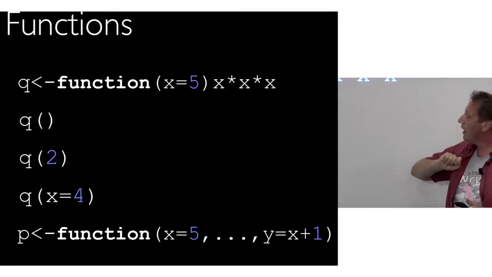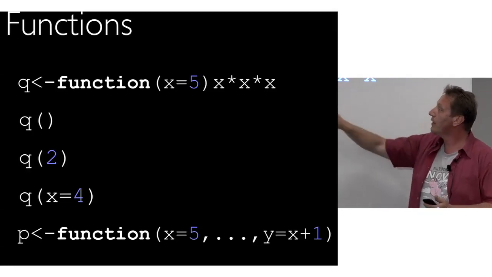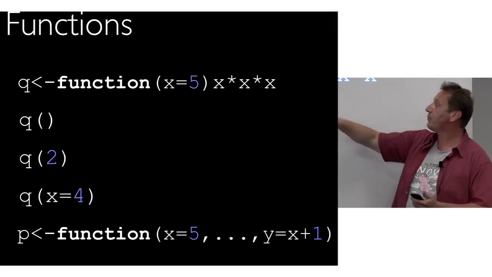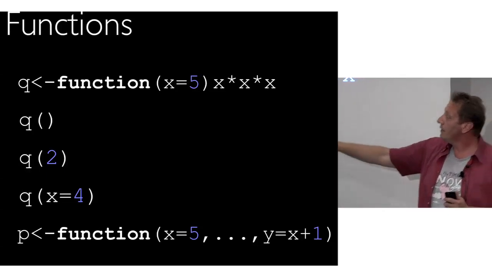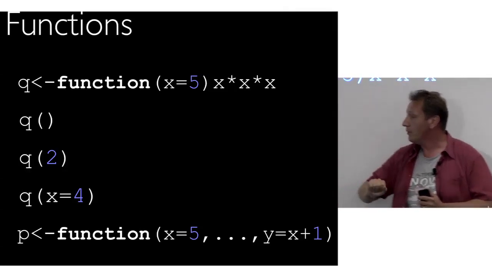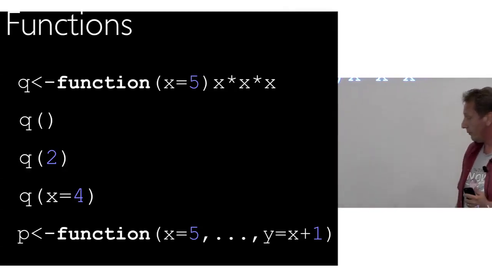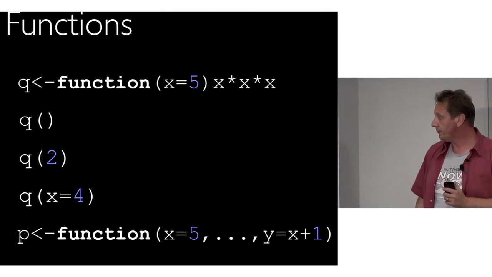Note that I can define default argument values for arguments. So here it's any R expression, any R computation can be put in here. And that means I can call Q without a value, with a single value, or with a named value. All three are valid calls.